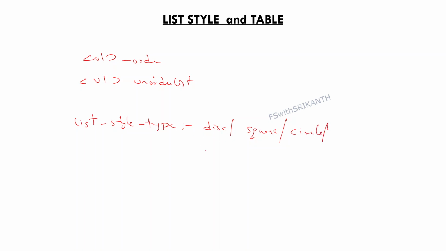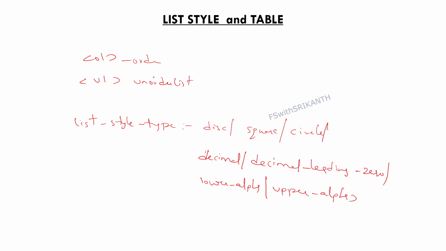We also have decimal, and decimal with leading zero. Then there are alphabets, like lower-alpha and upper-alpha, and lower-roman and upper-roman, and none, meaning no styles, which is the default.